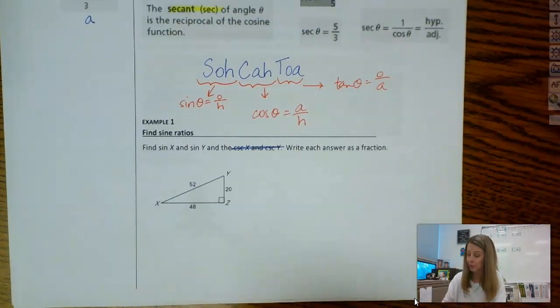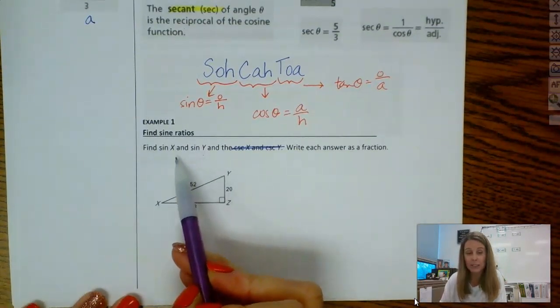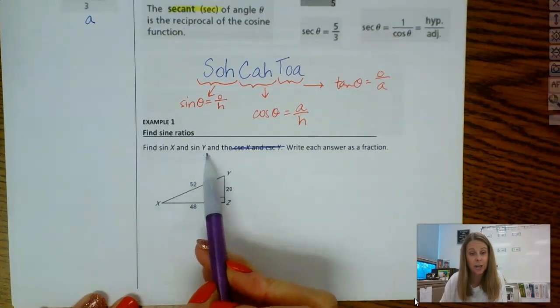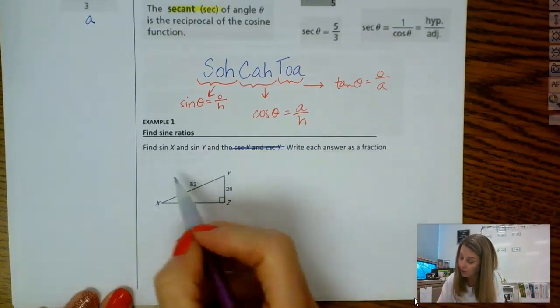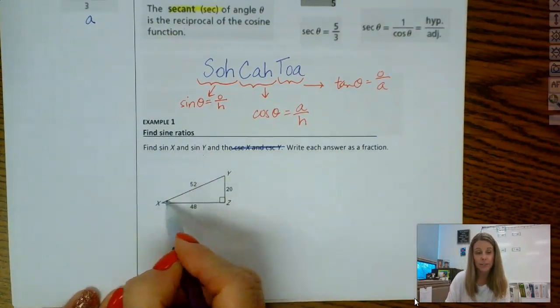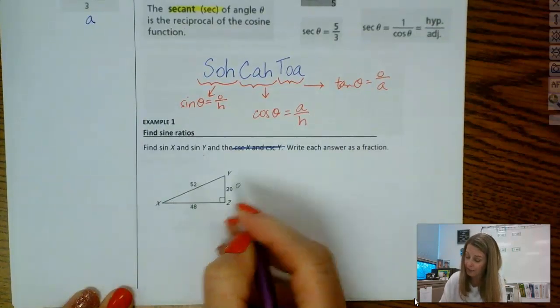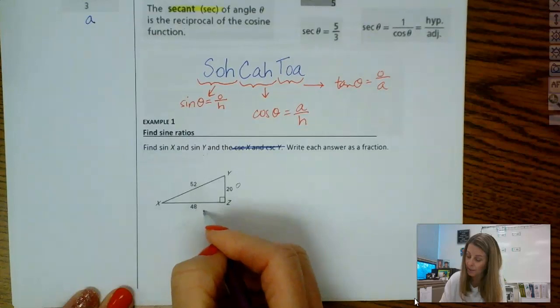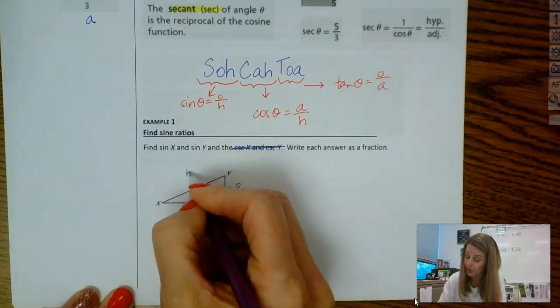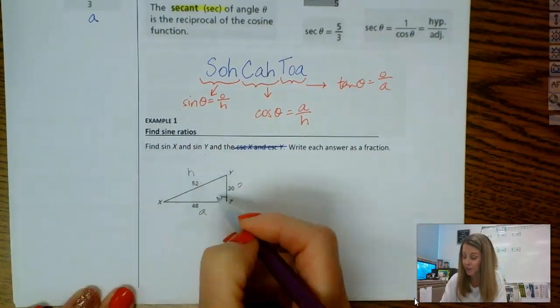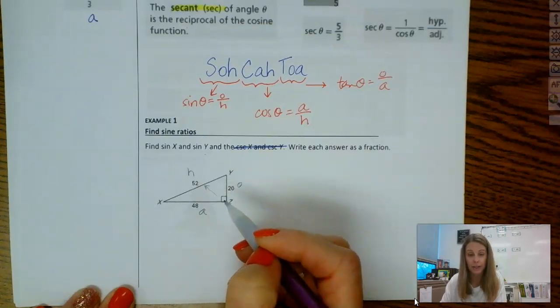So I'm going to use pencil here because my perspective between opposite and adjacent changes when I change my angle. So if I'm finding the sine of x, I'm pretending like I'm right here. So the 20 is opposite, the 48 is adjacent, hypotenuse is always going to be 52. It's that side opposite the right angle.